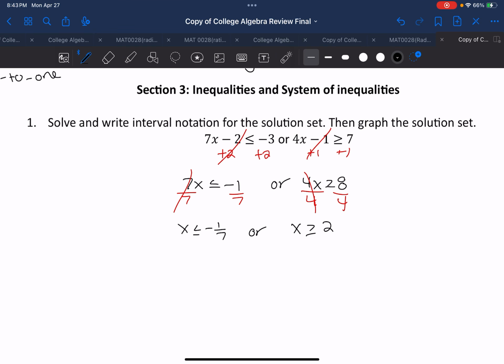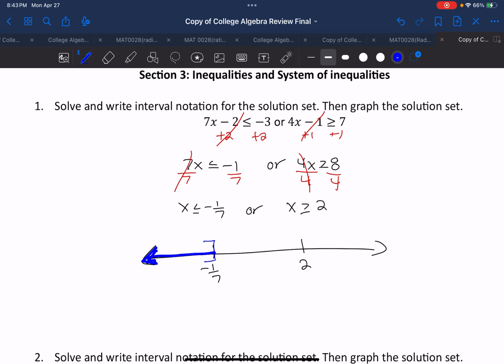Okay, so this is an OR, so I'm going to include both solutions on my number line. So -1/7, and then 2 would be there. So the first one says that x has to be less than or equal to -1/7. So that would get a bracket because it can equal it, and then I would shade to the left because that's less than -1/7. Or x is greater than or equal to 2.